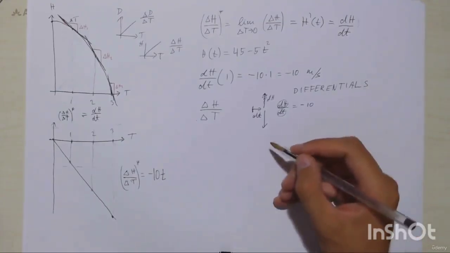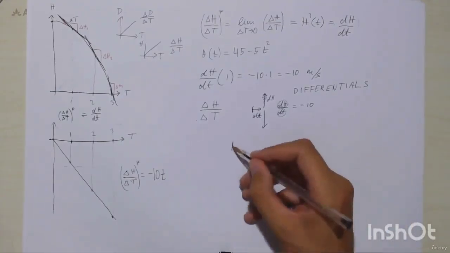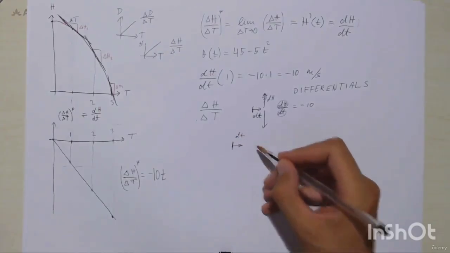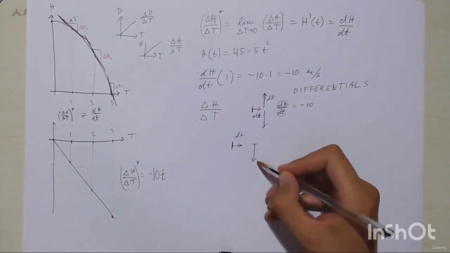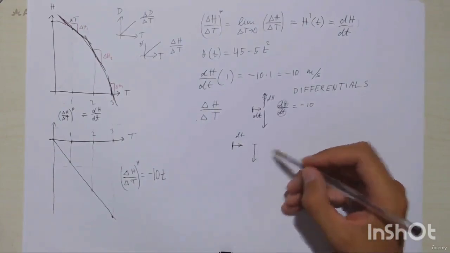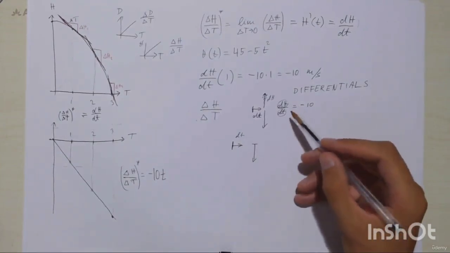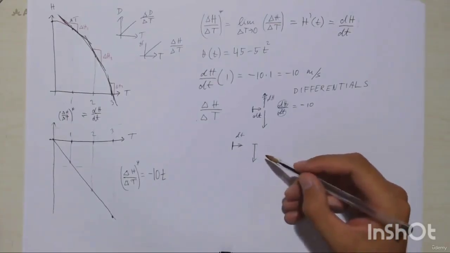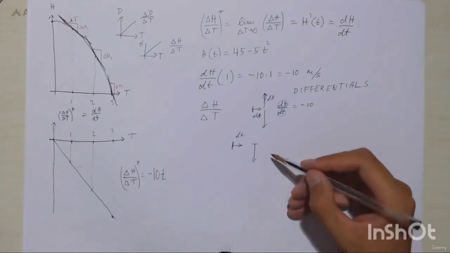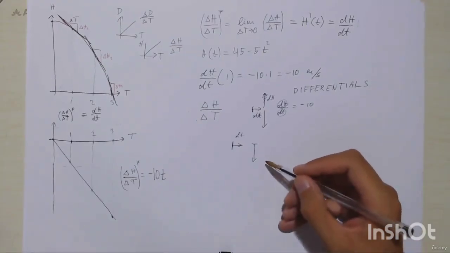Or the other way to look at it is like this. If I start changing time, then the altitude will start changing 10 times faster. So the initial reaction of the altitude when I start changing time will be 10 times more sensitive and in the negative direction.